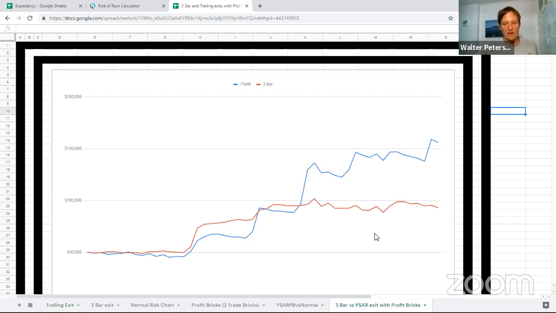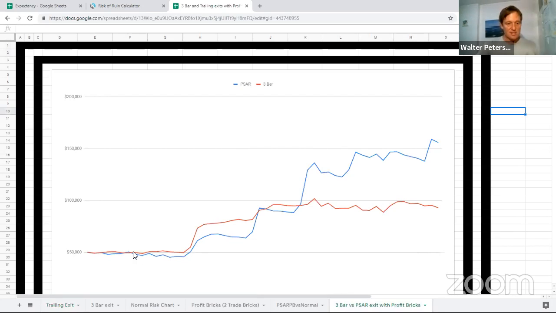What's interesting here is how you don't get the massive jumps up that you get when you're using the other trailing exit. The 3-bar exit still makes more money here than it did with just the normal 2% per trade fixed fractional, because remember, that topped out at 68 grand.